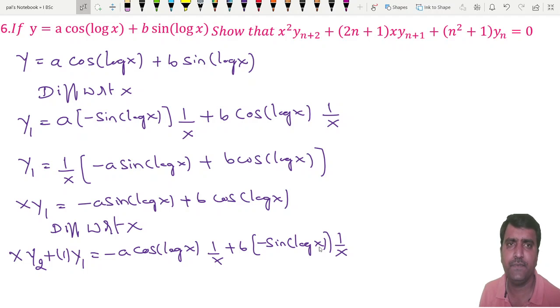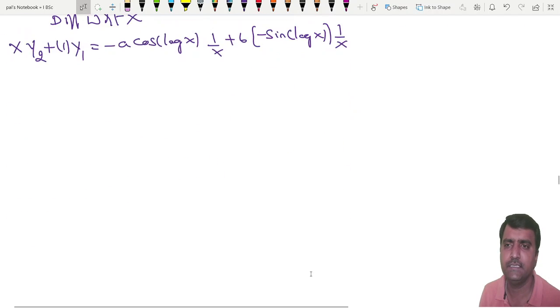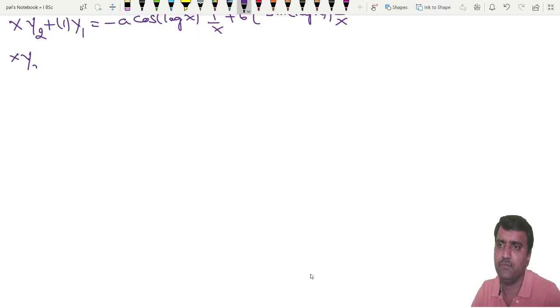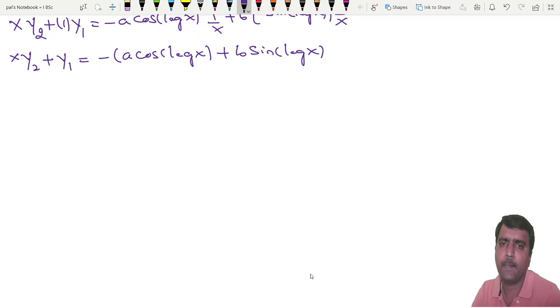Now take 1 by x common factor: x y2 plus y1 is equal to, taking minus as common factor, minus of a cos of log x plus b sin of log x, this whole divided by x.